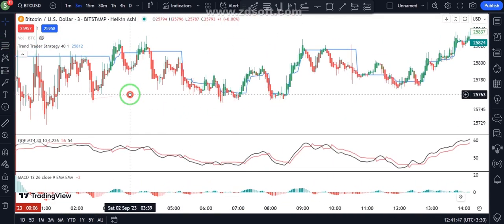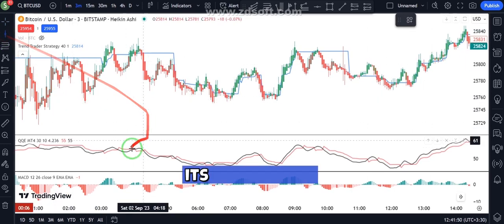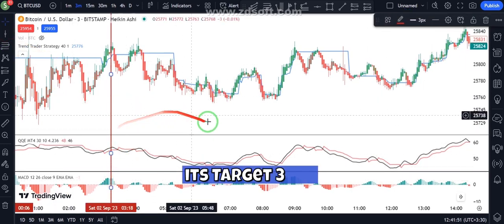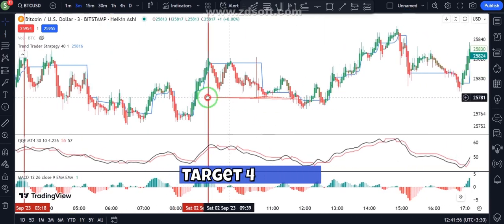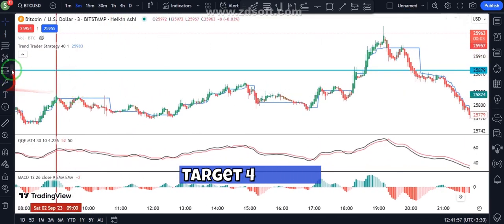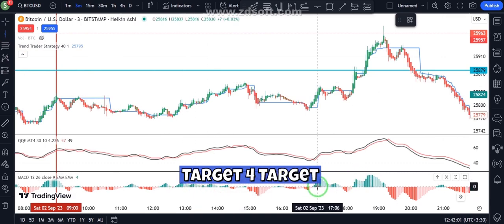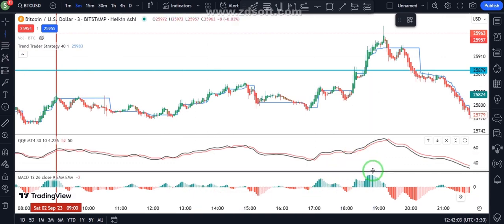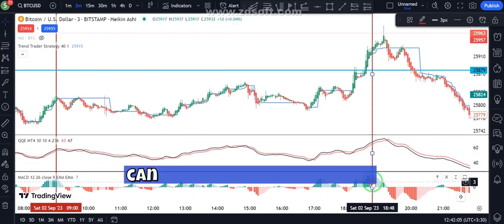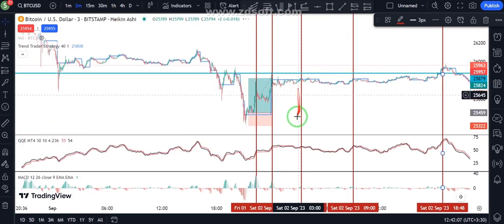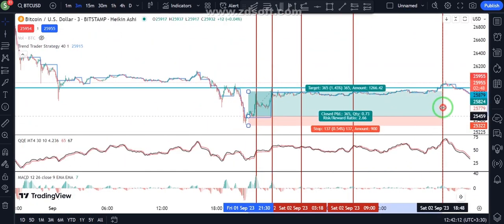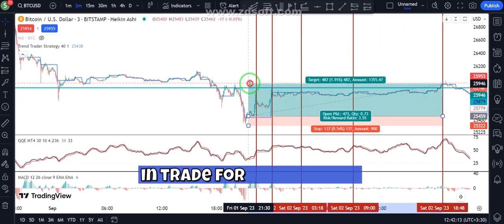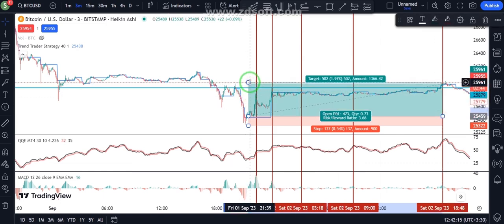Look, this is target 3, it's target 4, it's target 5, yes, it's target 5 or more. We can stay in the trade for more targets.